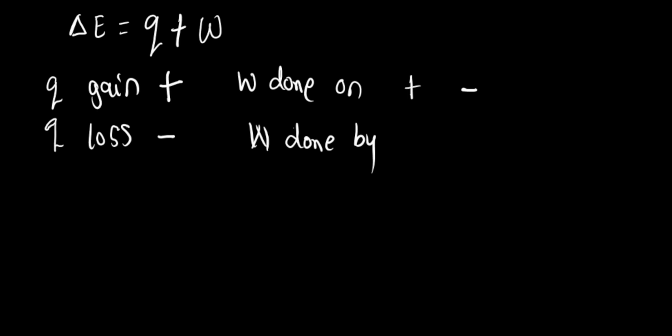But for the most part of this video, the sign convention that we'll be using is that we'll be taking work done by the system to be positive and work done on the system to be negative. However, the sign convention for heat would remain the same as positive and negative.